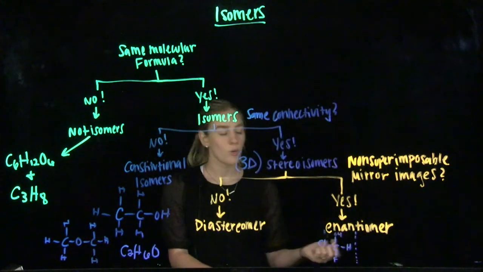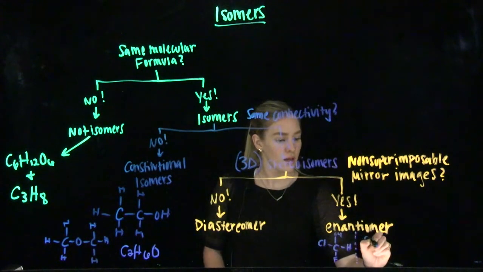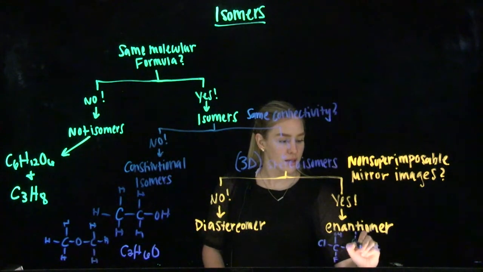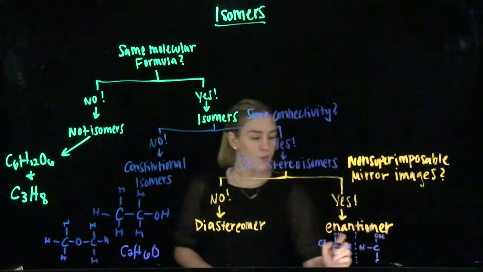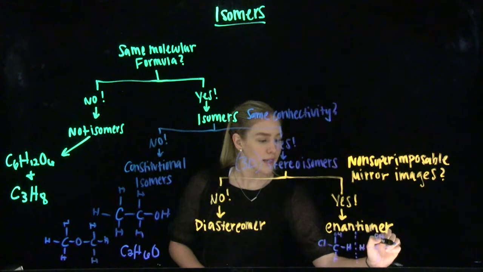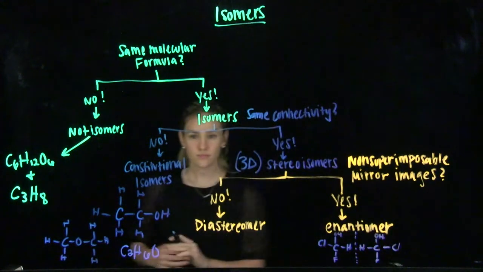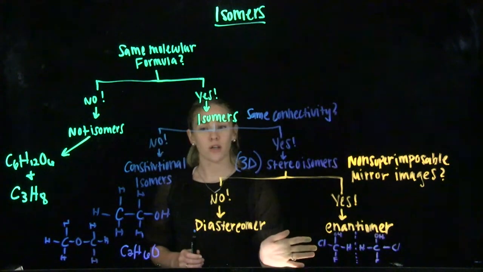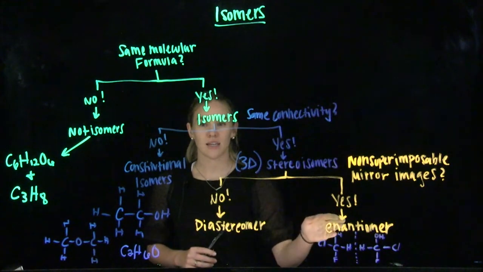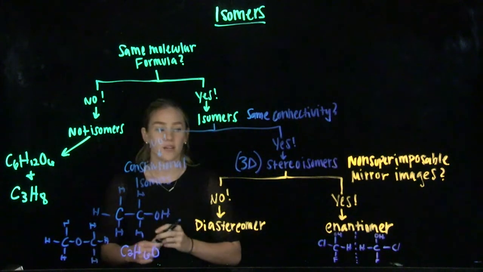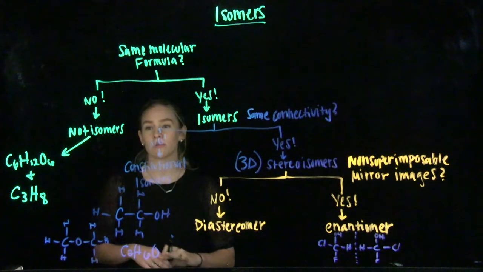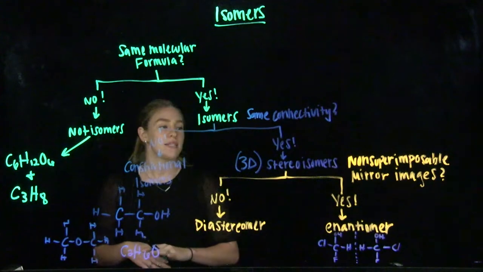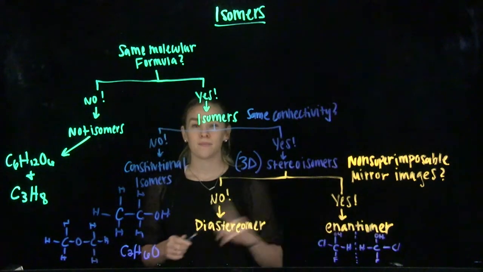Across that mirror, we would have the same thing, but the mirror image of it. So our OH would still be up top, our fluorine would still be on the bottom, but we're drawing the mirror image of it. So these two molecules have the relationship of enantiomers, and there is going to be another video a little more in depth on what an enantiomer is and how to determine that more definitively. But this is just kind of the overarching idea.